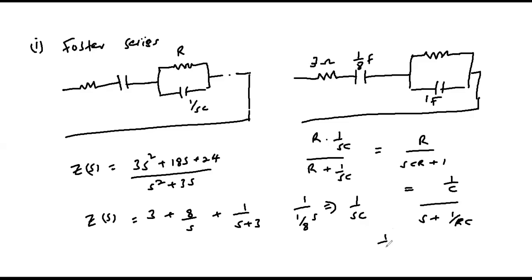Next, our 1 over RC, which is the constant in the denominator, will be compared to 3, from which we notice that our R will be equal to 1 over 3C, which will be a third. And therefore, our resistor is 1 over 3 ohms. And this is the Foster series implementation of the transfer function using the RC network.